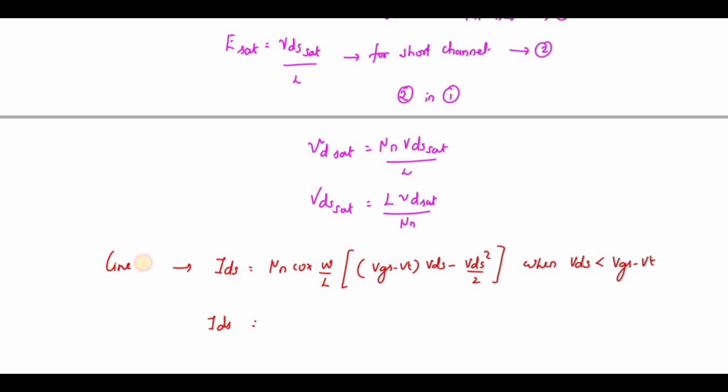For the saturation region, VDS is greater than or equal to VGS minus VT, so instead of VDS we substitute VGS minus VT, and we get mu n Cox W by L into VGS minus VT whole square divided by 2. So this is for the saturation region.